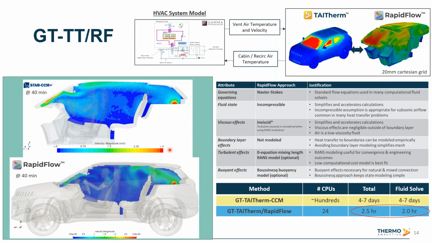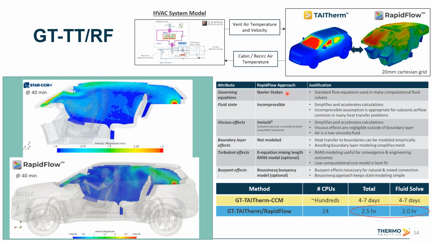So rapid flow, if you're unaware, is a transient flow solver completely integrated into TAITherm. It was released officially last year with TAITherm 2024.2. It's not necessarily meant as a direct replacement to CFD, but rather as a complementary tool to enable fast transient thermal simulations.